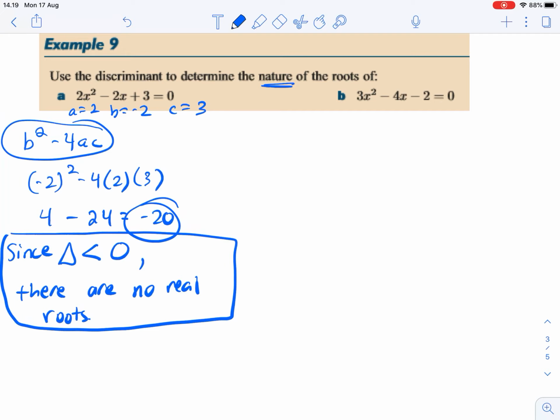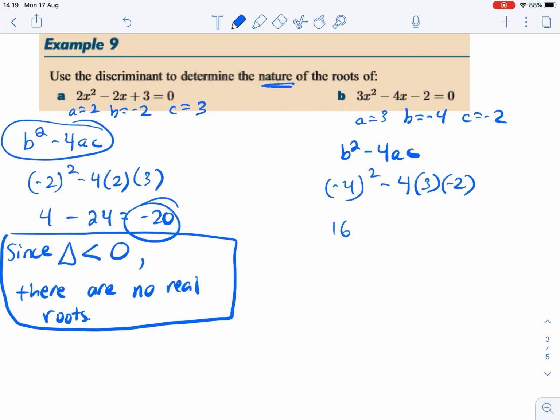All right, and for B, same thing. A equals 3, B equals negative 4, C equals negative 2. I'm looking at the nature of my discriminant. So it's negative 4 squared minus 4 times 3 times negative 2. That's 16 plus 24, and that is equal to 40.